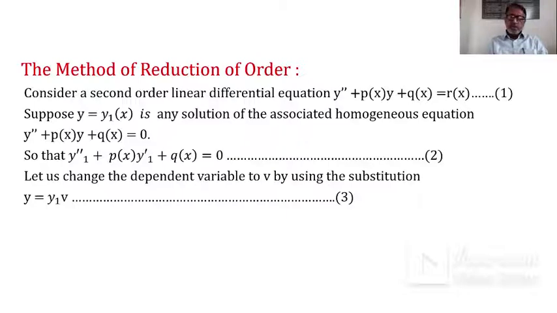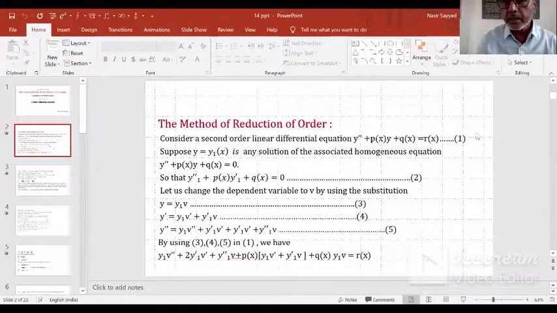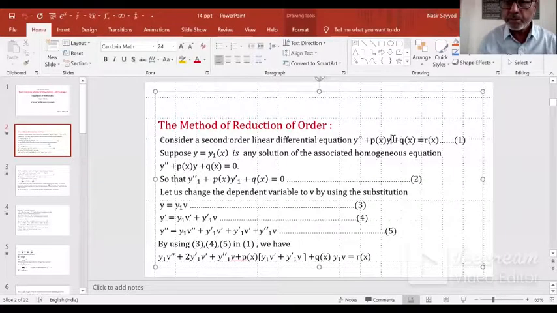From this, find y'. Now here there is a slight mistake in typing. Here it is y', not y, in p(x) y'. In the same way, here it is y'.